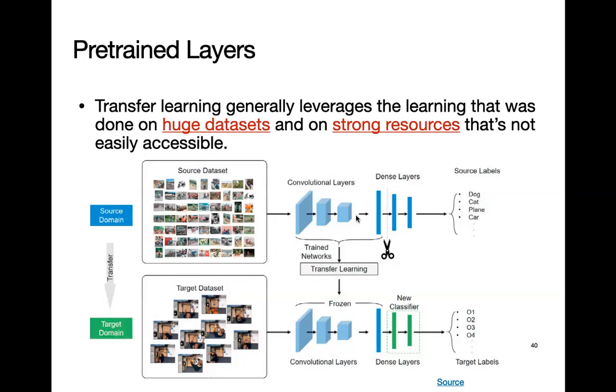So this means if I have a new data set where I have small samples, or I don't have enough samples, instead of training my model from scratch on only this data set, I can load the pretrained layers from the bigger data set, where I'm sure that the convolutional layers have discovered a lot of low-level features that are useful for my task.